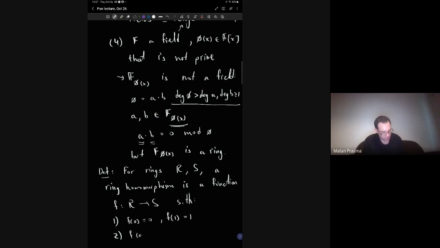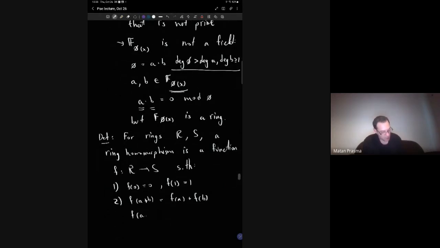So F of A plus B is equal to F of A plus F of B, and F of A times B is equal to F of A times F of B. And this is for every A and B in R. And if you wish, you can throw in also the axiom, but it really follows from these axioms, that it commutes with additive inverse and multiplicative inverse.